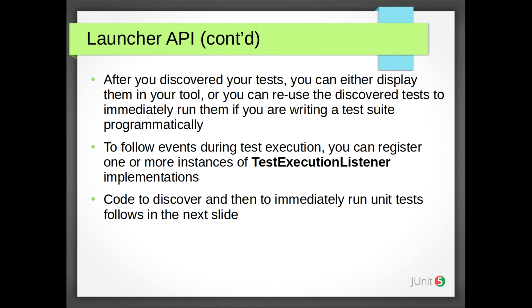And I'm going to make a 15-second pause for you to write out test execution listener. Code to discover and then to immediately run unit tests follows in the next slide.